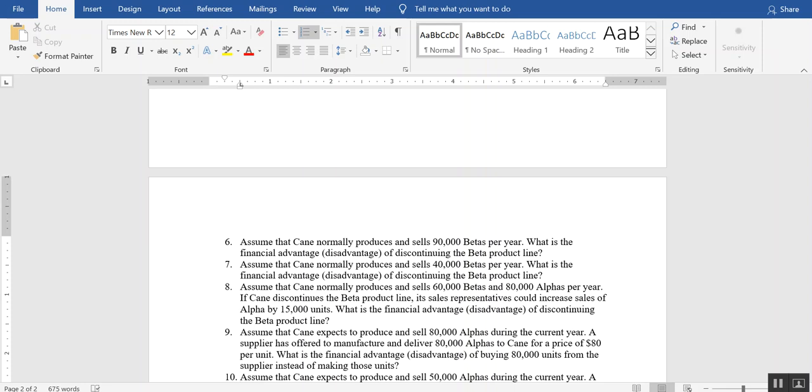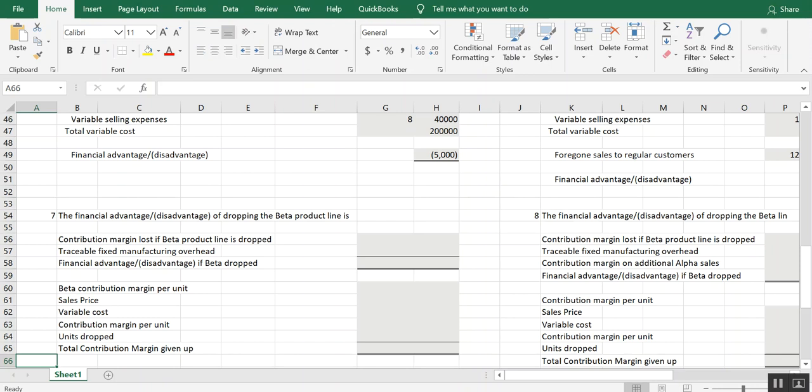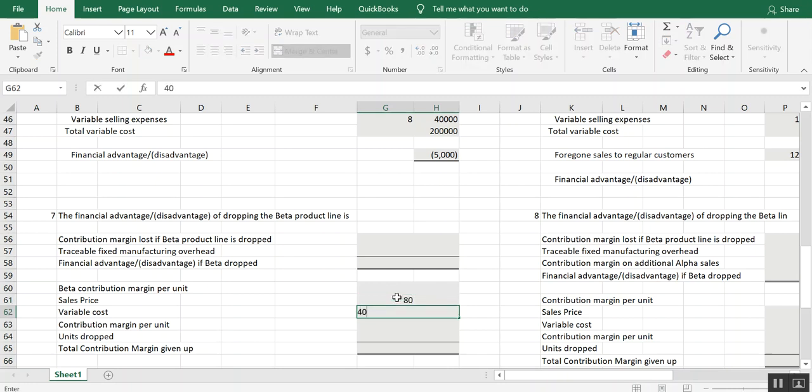So we go over here and we're going to calculate this. We say the contribution margin is what we're going to start with. So like we did before, we start with the sales price of $80, the variable cost of 40, and then we have the contribution margin of 40. Now we have the units dropped, so we have 40,000 units instead of 90.